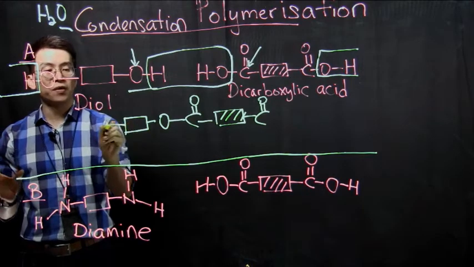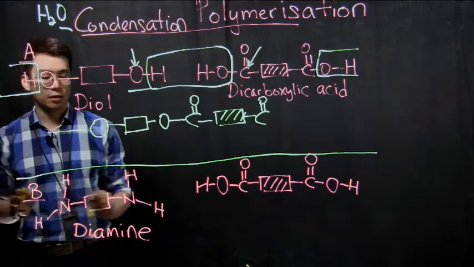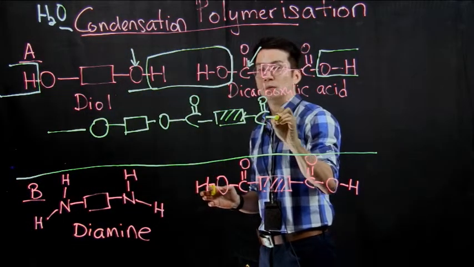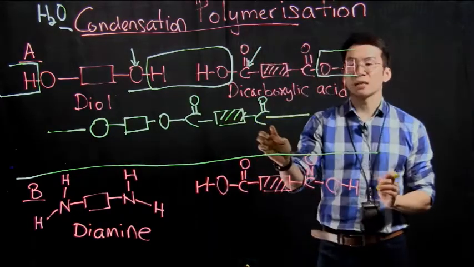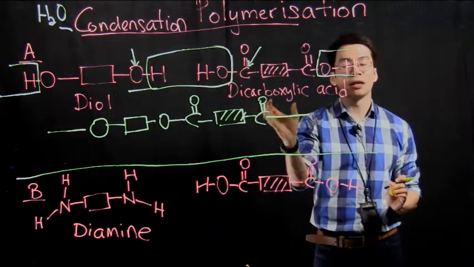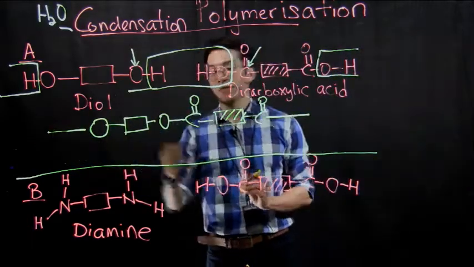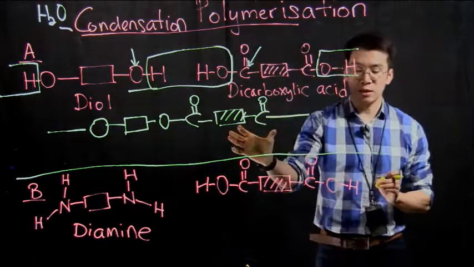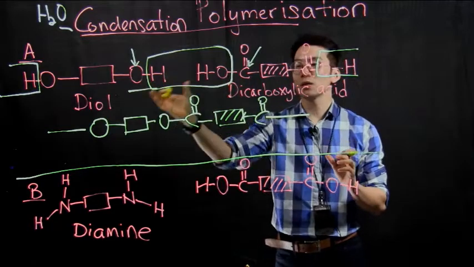So therefore, over here we put a bond here, and over here we put a bond here to indicate that the structure continues from here. So as you can see from this diagram on top, where is the link that is linking these two molecules together?